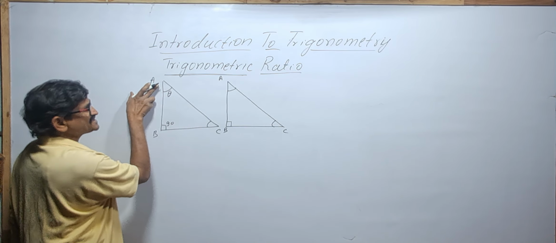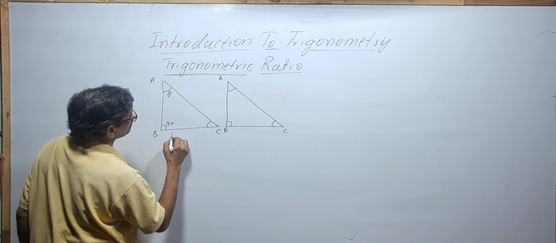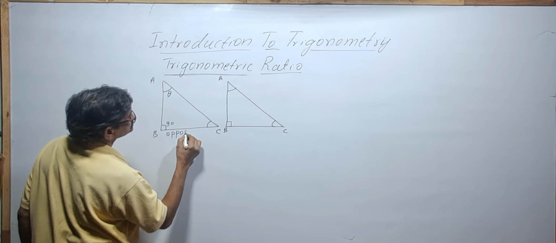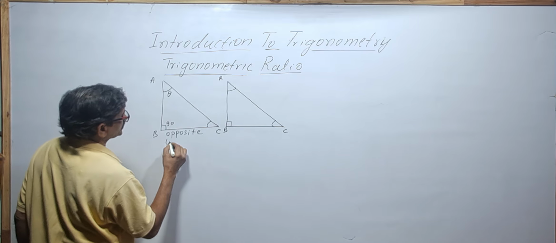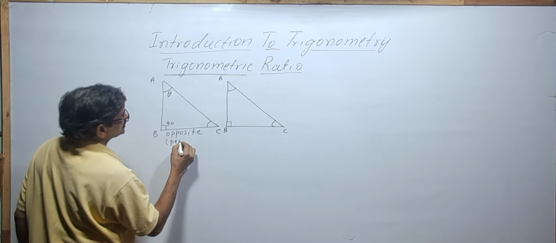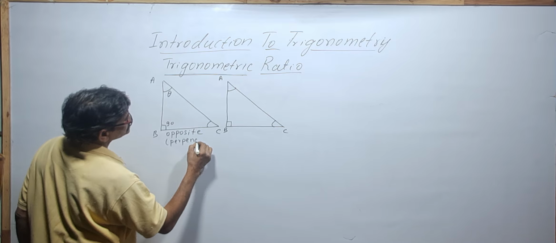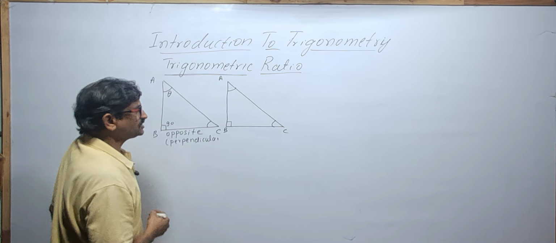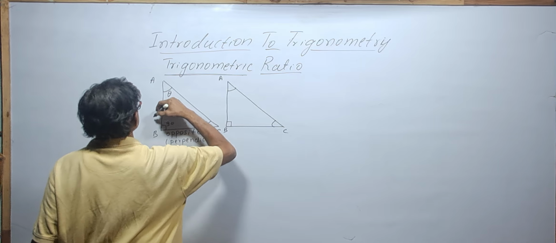If you select this angle, the opposite side is called perpendicular or opposite, and this is called adjacent or base.